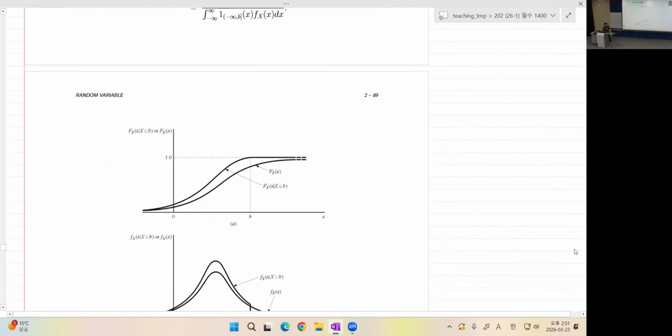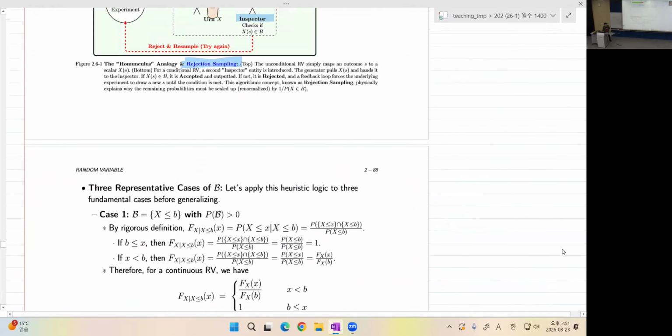Let me go back to that one. First, in order to warm up, let's consider this very simple event. As you see, we consider the Borel set in this form for the CDF. Now, given this event, what is the CDF conditioned on that? The CDF of X conditioned on B is what?